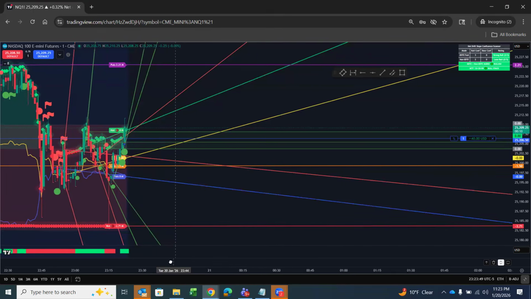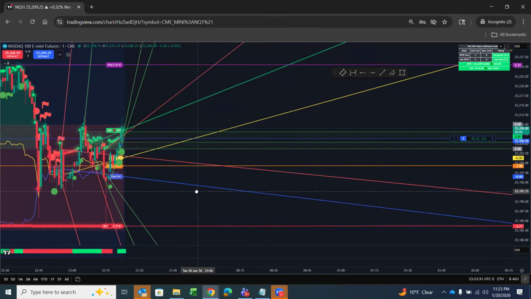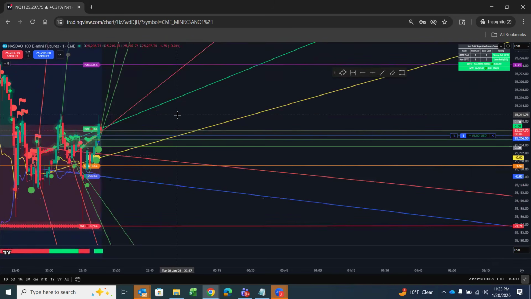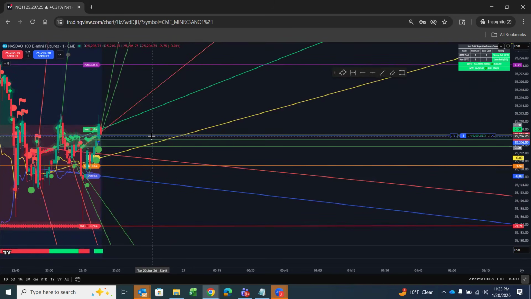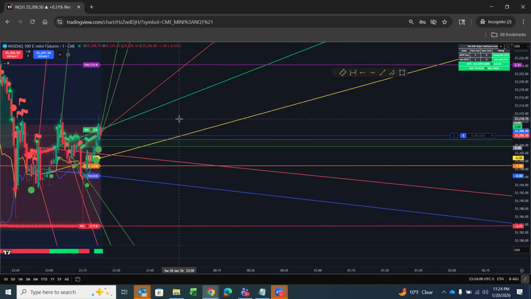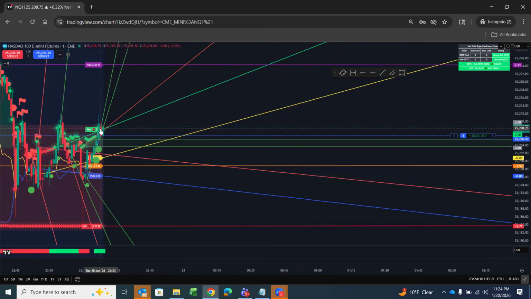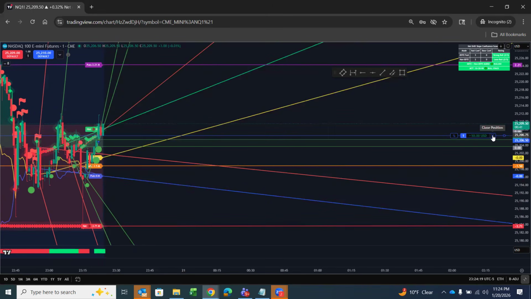Then zoom in a little bit more. We have two bullish fair value gaps. One's gone. Still have the other. We opened below this. We should probably exit our trade soon.